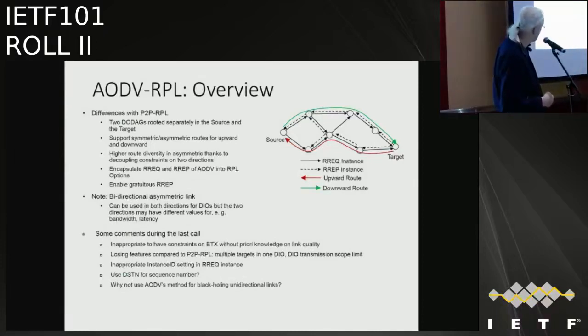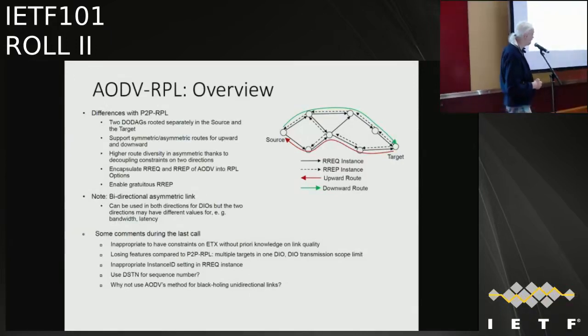Some of the comments during the last call were that it was inappropriate to have constraints on the expected transmission time without prior knowledge of the link quality. That's kind of difficult for AODV Ripple to actually solve within the protocol itself.